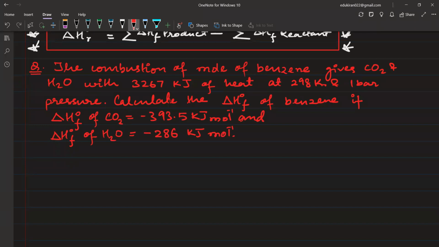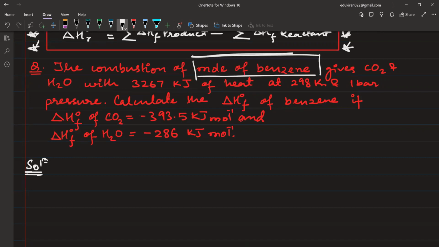अब ध्यान से देखिएगा, भले ही सवाल आपको आसान लग रहा हो, but please listen here. First of all, you need to write the balanced chemical equation. The restriction that the question has provided here, बहुत ही subtle तरीके से it said 1 mole of benzene. Combustion of 1 mole of benzene, है ना? आपके पास बेंजीन का फॉर्मूला क्या होता है?